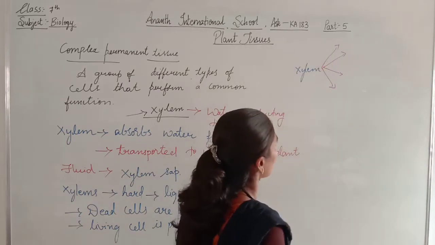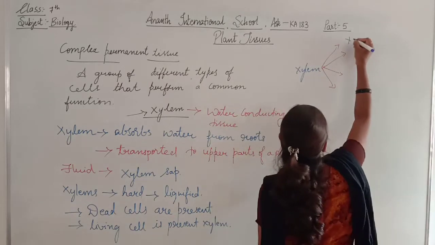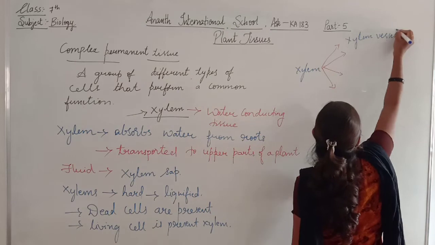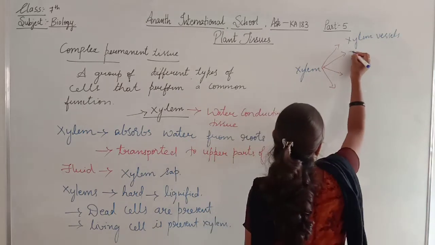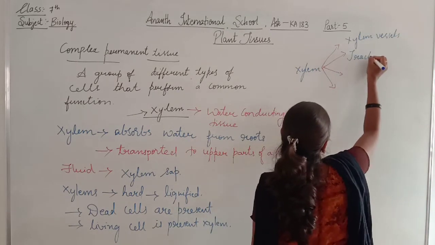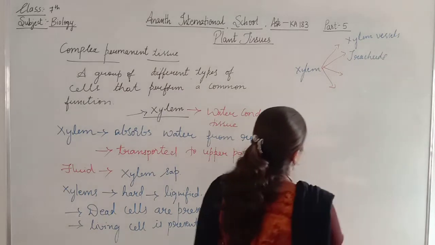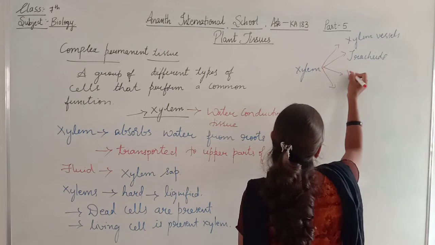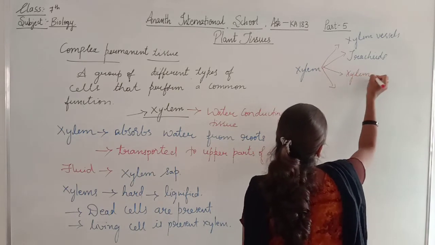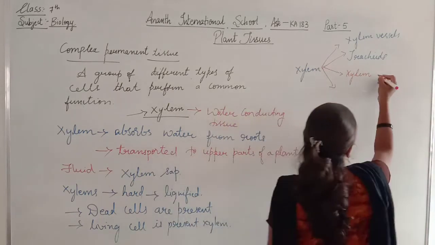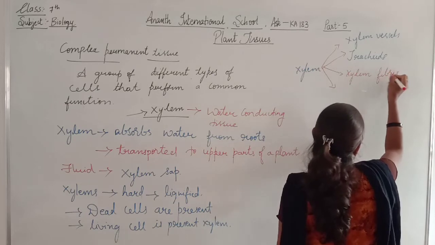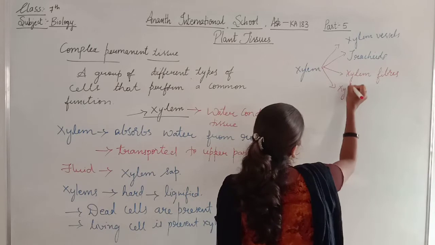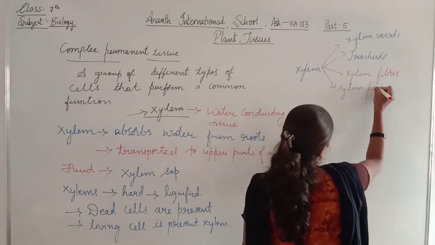So the first one is the xylem vessels, then tracheids, then the third one is the xylem fibers, which are only fibers, and the fourth one is the xylem parenchyma.